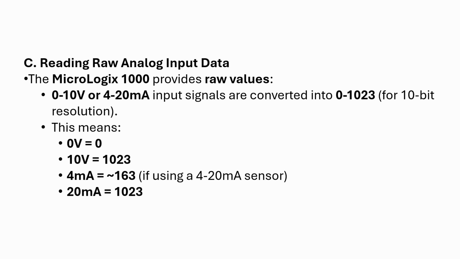If you have anything less than that, it really indicates that you've got a broken wire. If you get 0 milliamps instead of 4 milliamps at that input, that's indicating there's something wrong in your analog input circuit.